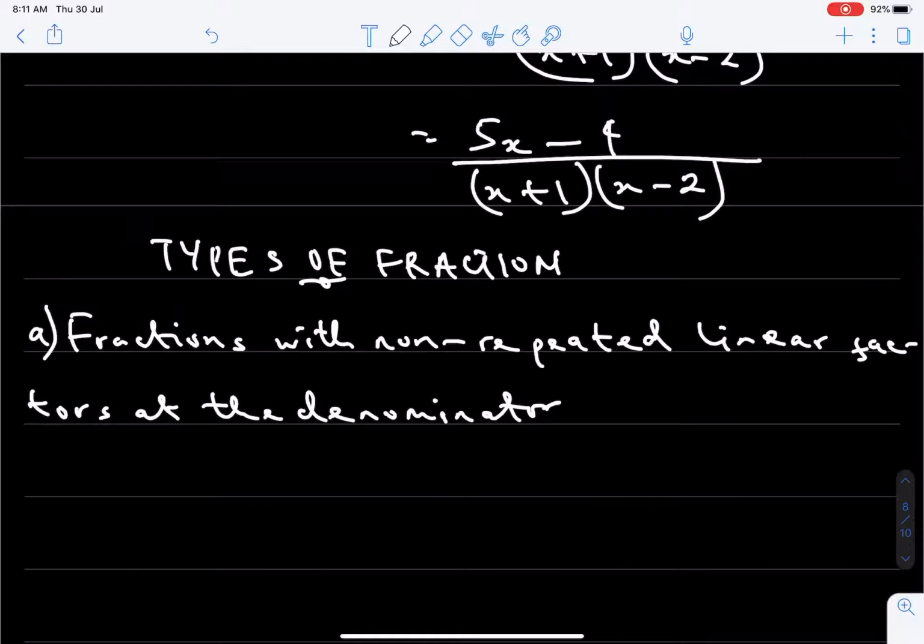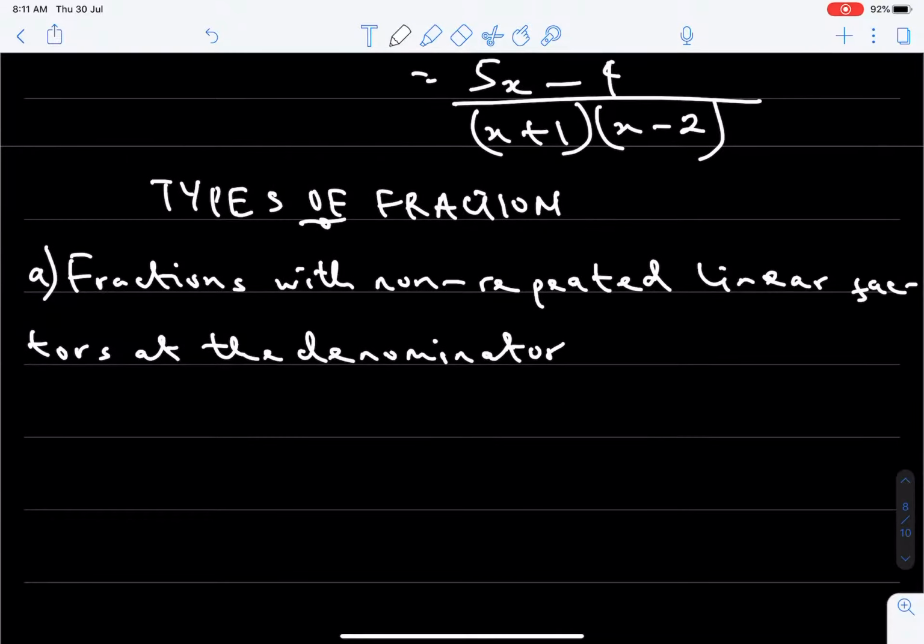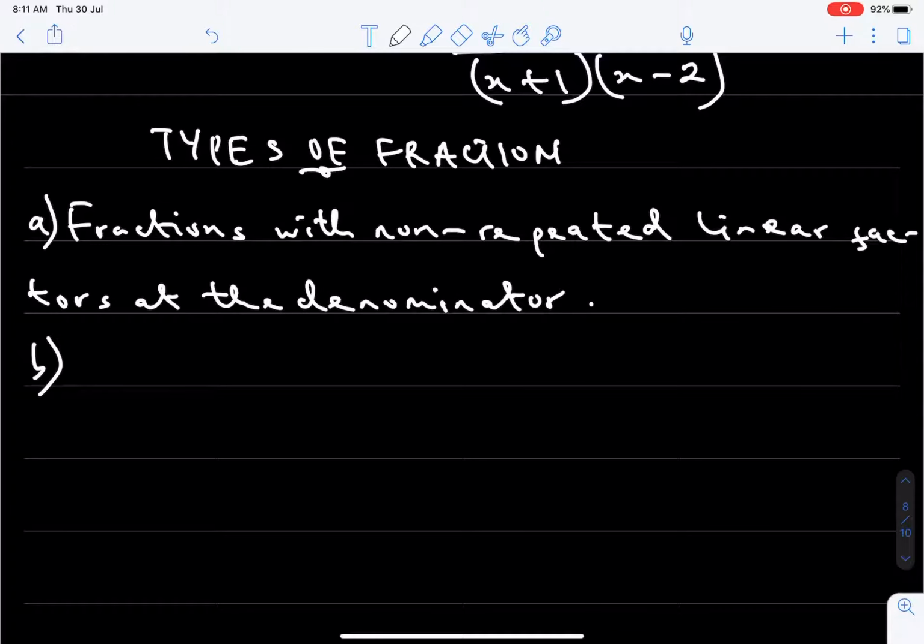The kind of factor at the denominator of that fraction has a lot to do with how we are going to resolve it into partial fractions. You see what we mean by non-repeated. For example, if we say x plus 1 and it's just raised to power 1, we say it's non-repeated.